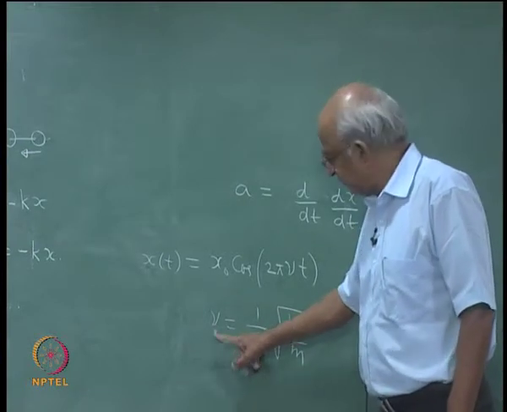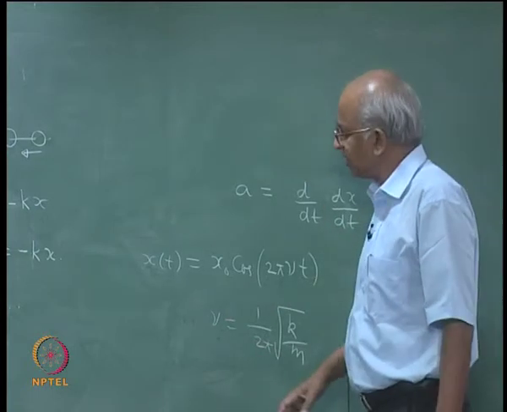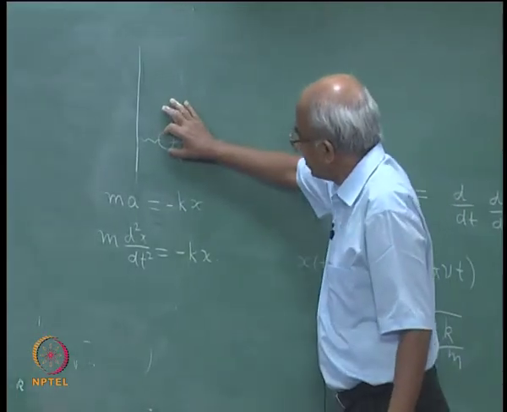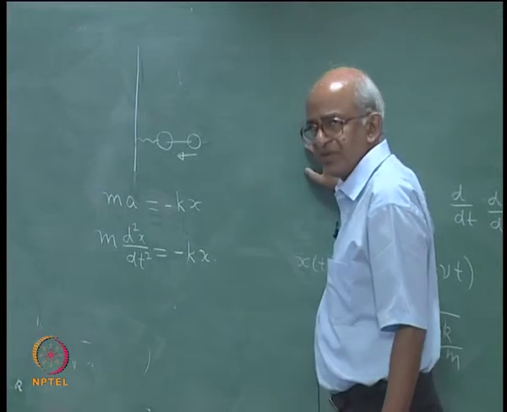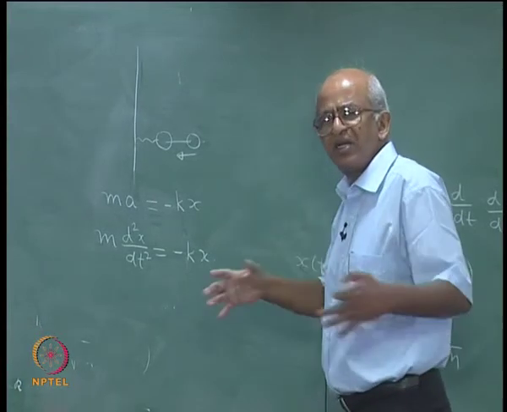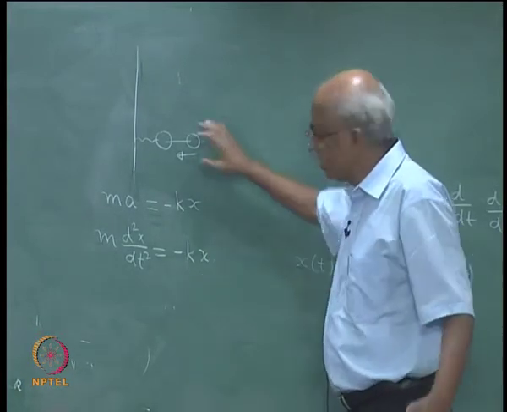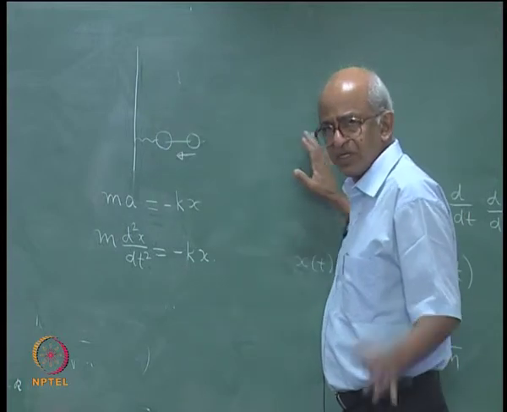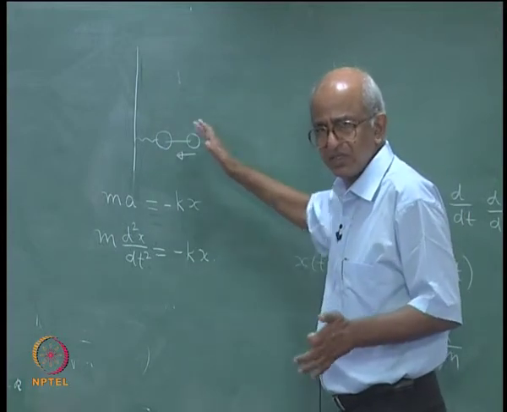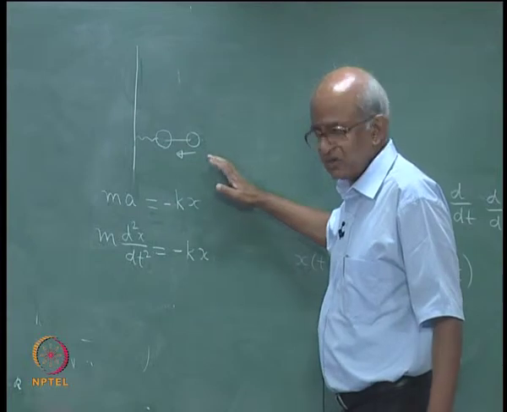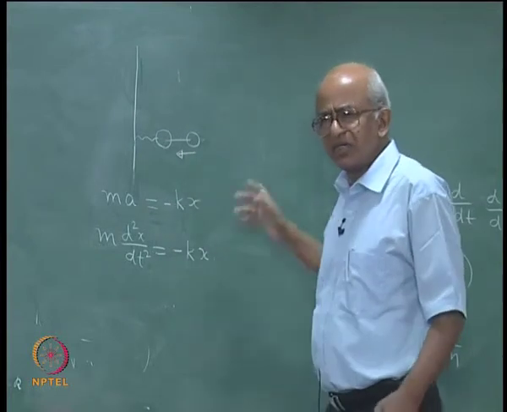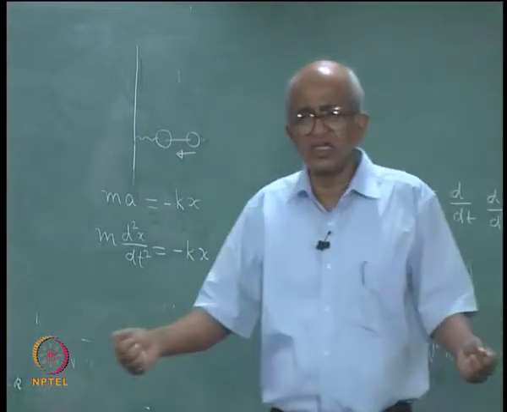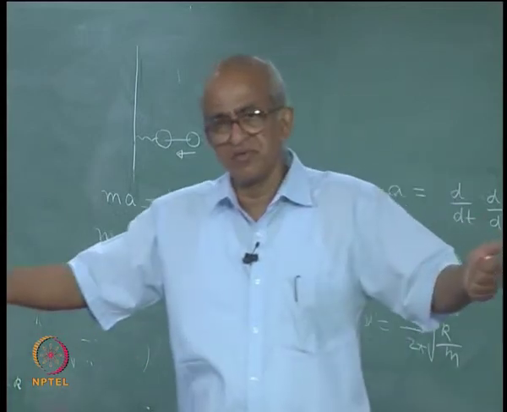Further, if I am using classical mechanics, I can displace it by any amount. The spring is assumed to be completely elastic. Even if I stretch it by a large amount, it will not break. That is the assumption in this model. So, I can displace it by any arbitrary amount, and depending upon how much I have displaced it, the energy of the system will be different.